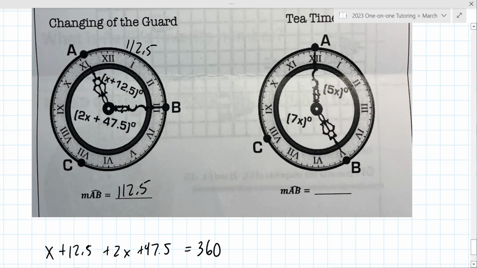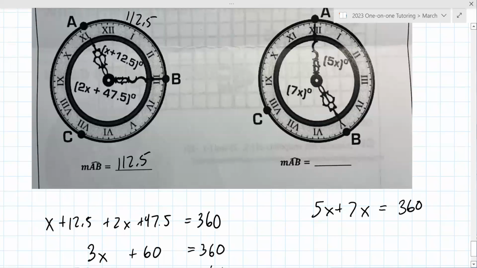For T, same thing, 5x plus 7x adds up to 360. x is 30. Yes, and so you can use that in the AB equation, 5 times 30 is 150.